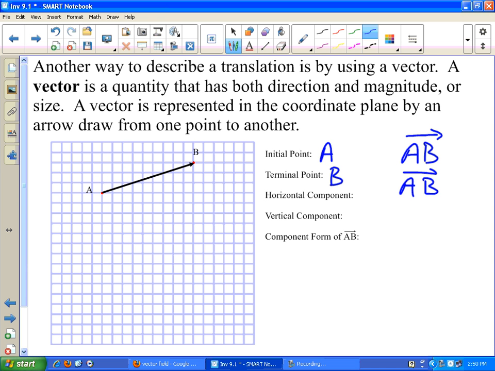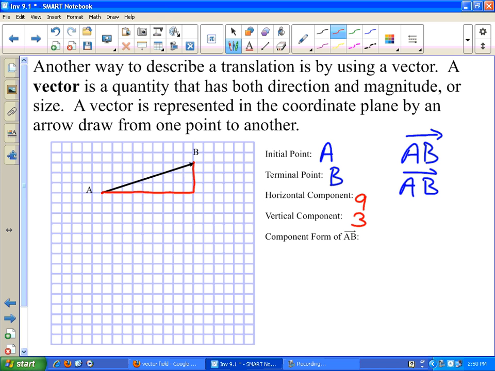Okay. Our components. Here's the major thing. On our components, our horizontal component is how far we went. So how far did this horizontal component go? 1, 2, 3, 4, 5, 6, 7, 8, 9. Horizontal component is 9. And then our vertical component is 3.